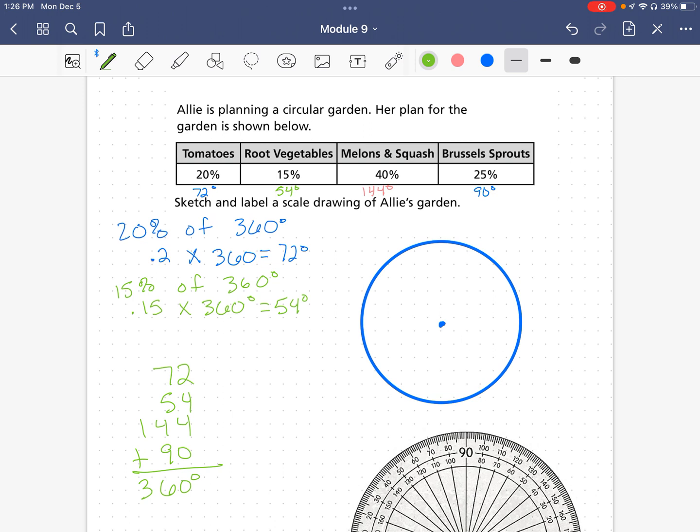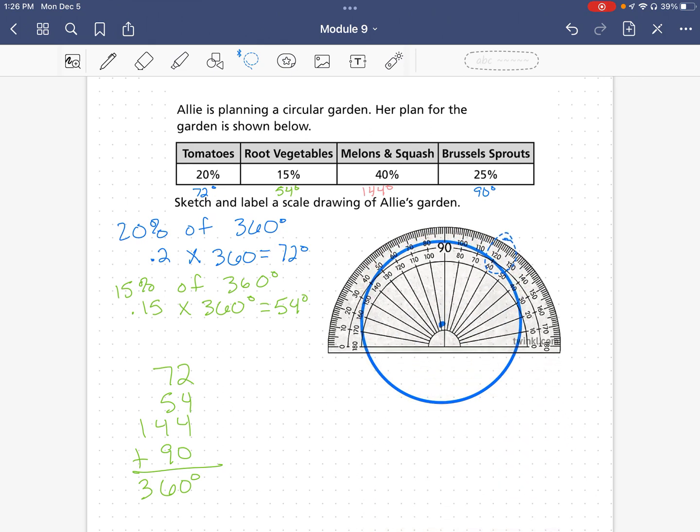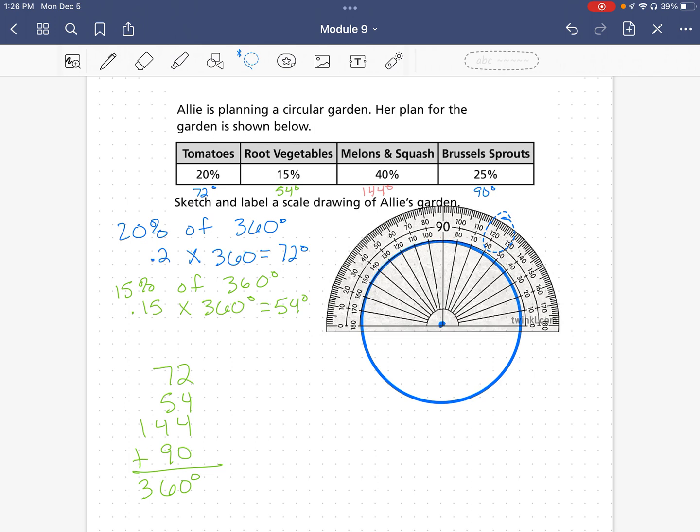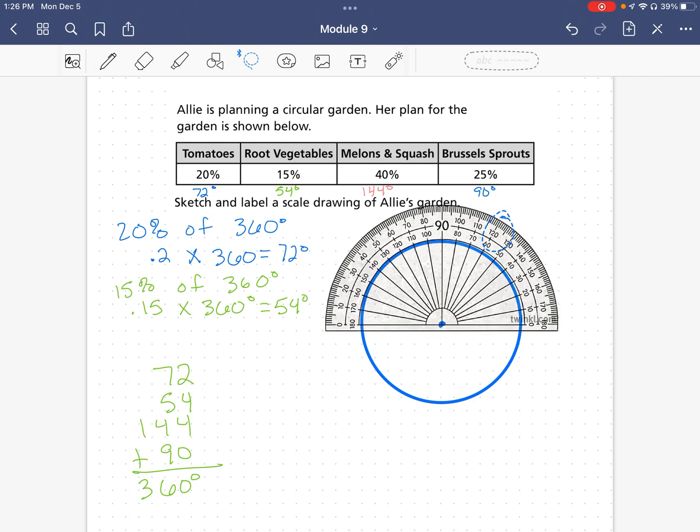All right, now we need to actually put this into our circle chart here. So I'm going to do the best I can on my iPad here, but bear with me. I'm going to set up my protractor in the center of my circle.